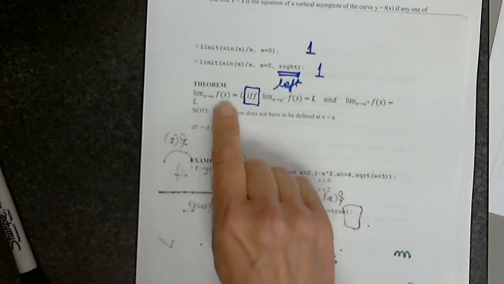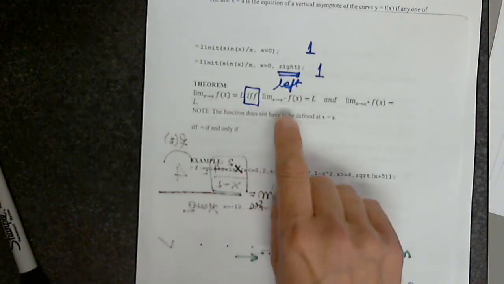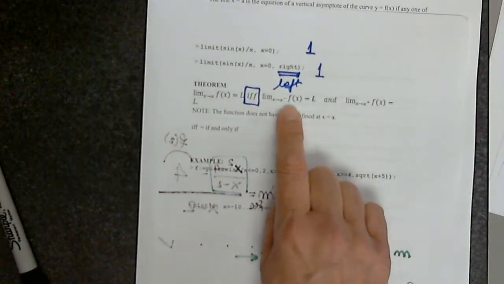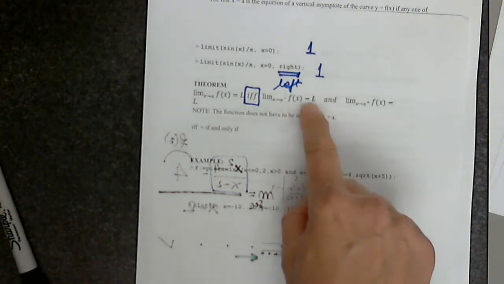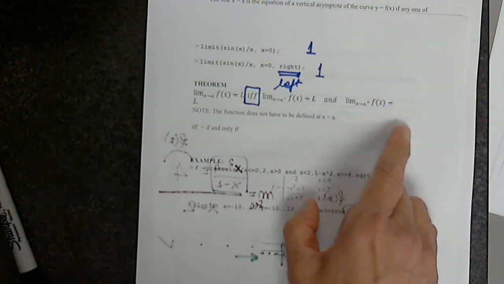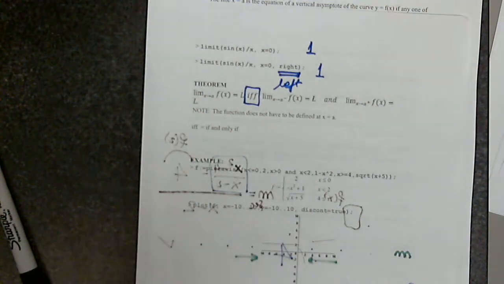So if the limit exists, in other words, is a number, not infinity or DNE, then it makes sense that the limit from the left is L and the limit from the right is also L. So when I say the limit from either side is 1, I'm automatically telling you the limit from the right is 1 and the limit from the left is 1.